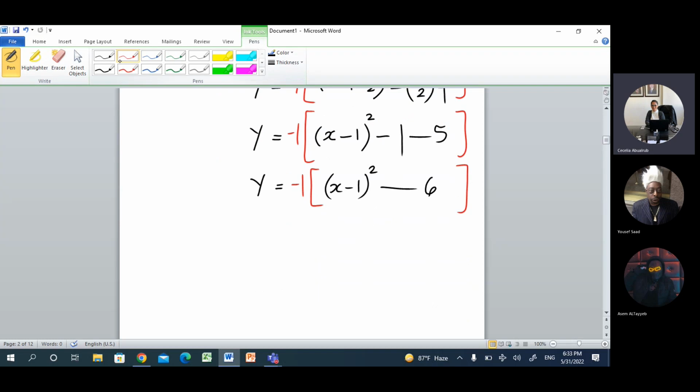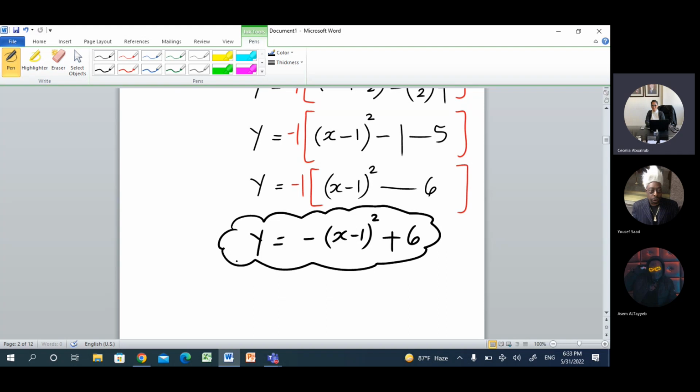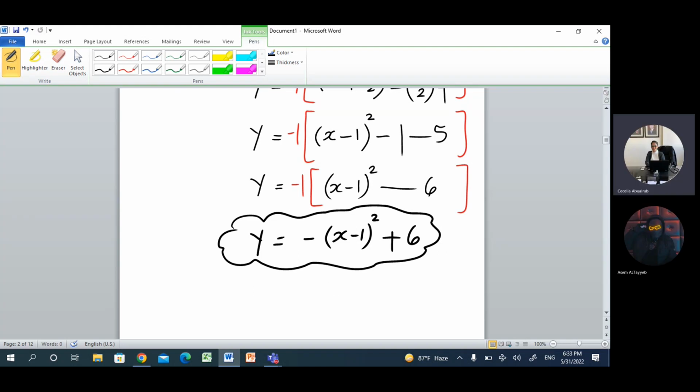Now, if we want to insert the final form, if we want to insert the -1, we keep the negative there and we say x minus 1 squared, and then -1 times -6, it will be +6. And this will be the final answer. Okay, I am sure that you will understand better in the next example.